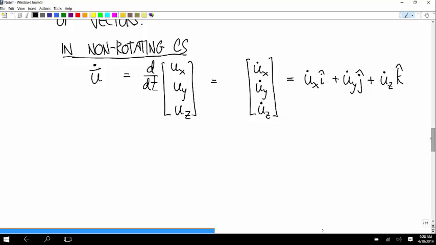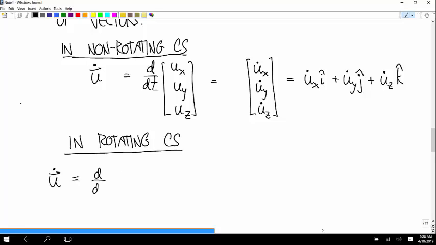But in a rotating coordinate system, if you take the time derivative of this vector, I'm going to think of it as d/dt of, and I'm going to start by writing it out as ux times i plus uy times j plus uz times k.